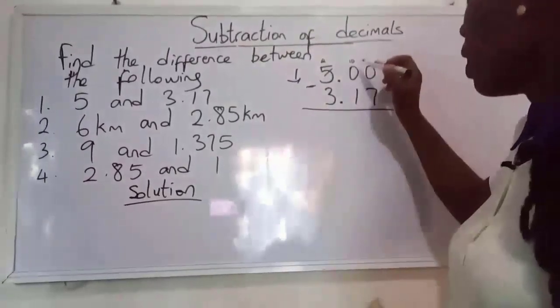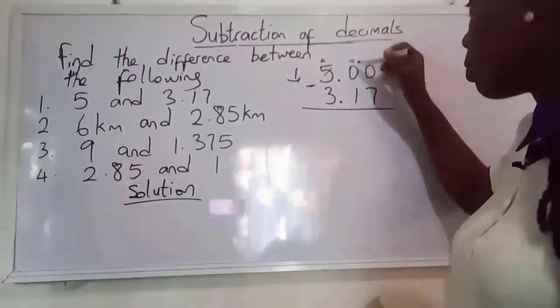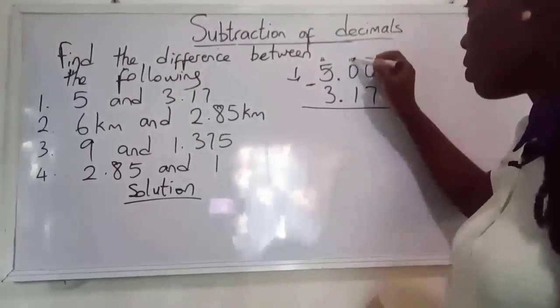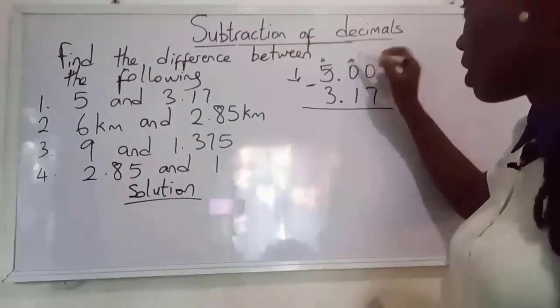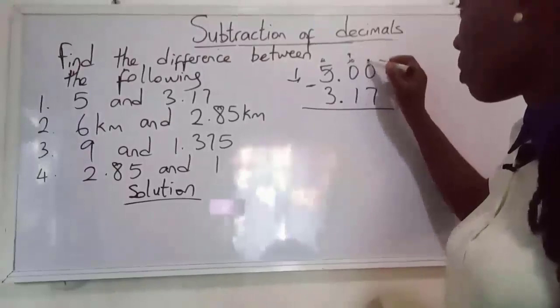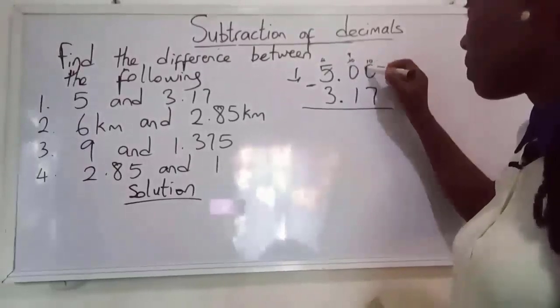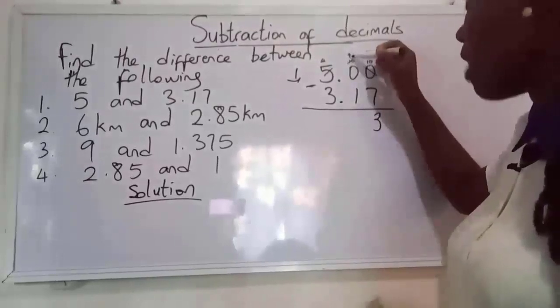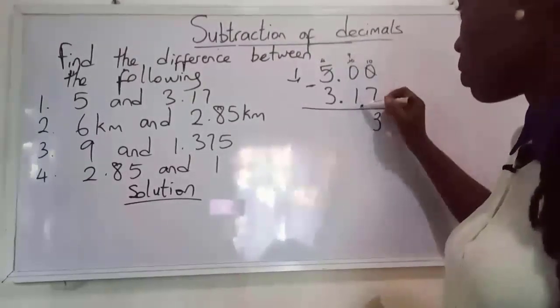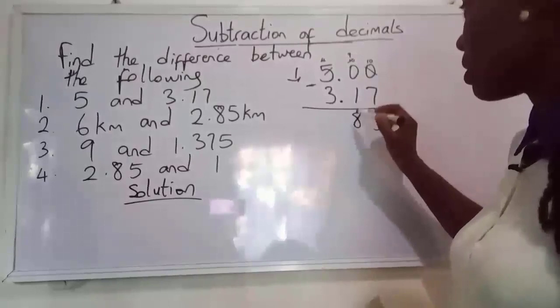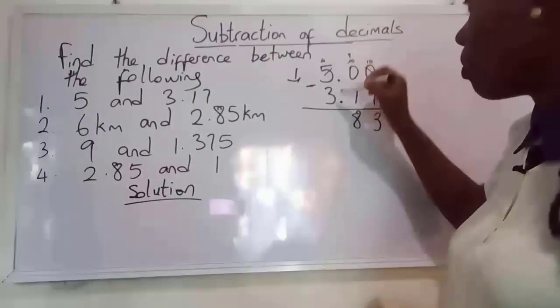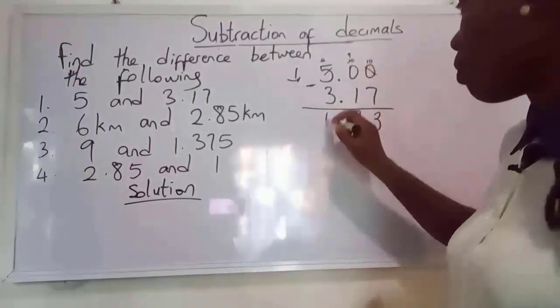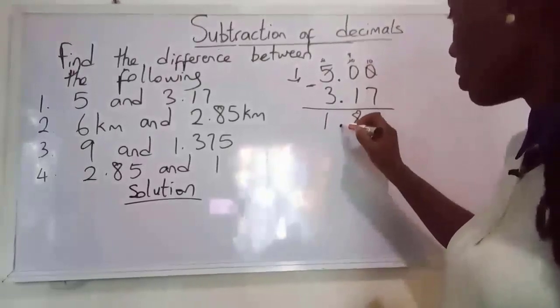Now I want to borrow from here to this place. So when I borrow 1, 10 minus 1 becomes 9. Here becomes 10. 10 minus 7 will give us 3. Remember what I have left here is 9. 9 minus 1 is 8. Here is 4 minus 3. We have 1. My decimal point.